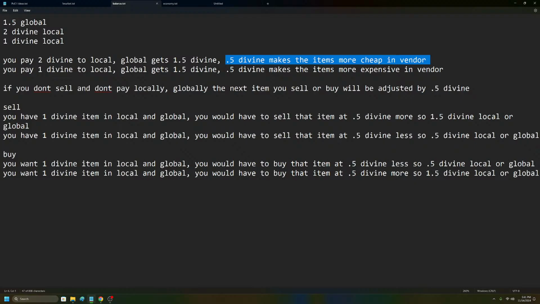So if 2 divine is what it costs in the vendor, but they get something for 1.5 divine, they have to get 0.5 divine items injected into their local economy, basically.